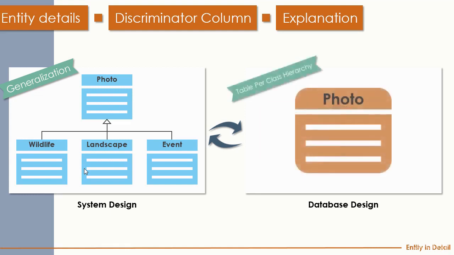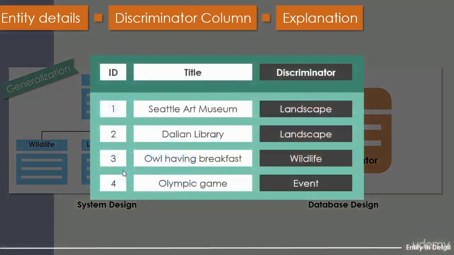To solve this problem, we can put all these classes into a single table called photo. So it includes all the attributes in the different subclasses. And how to distinguish which object in your memory this row corresponds to? We need a discriminator column. So the idea is something like this. When you save in the database, you have the art museum, then it is a landscape.